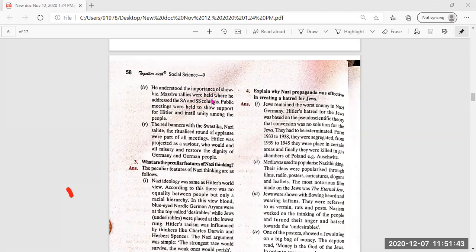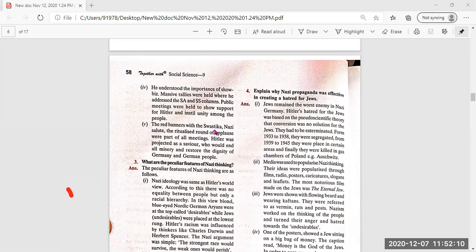Massive rallies were held where he addressed the people, public meetings to show support for Hitler and instill unity among the people. More pomp and show, more rallies, and popular speeches were given to attract the people.